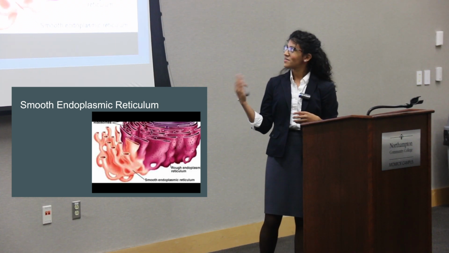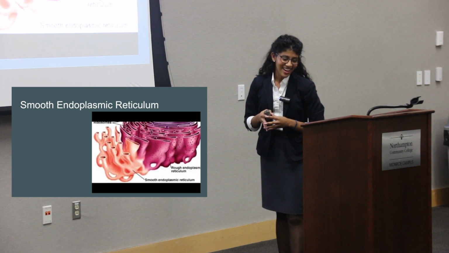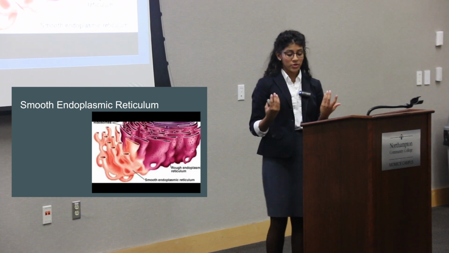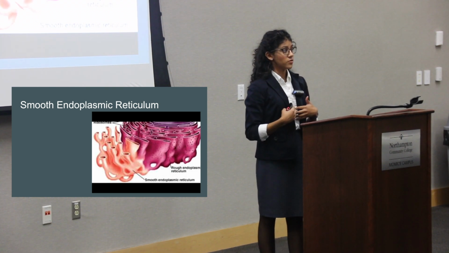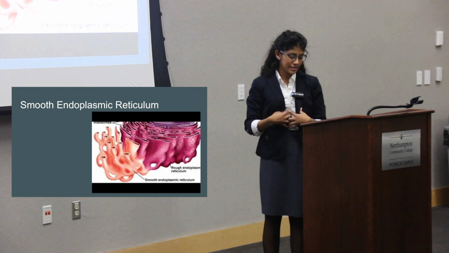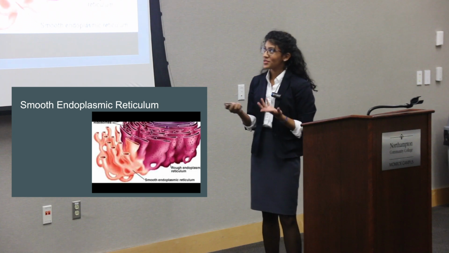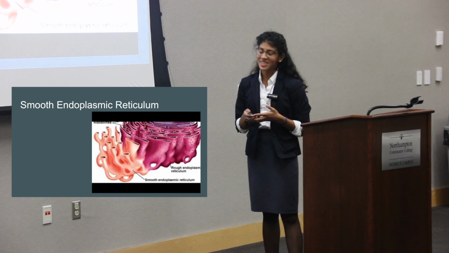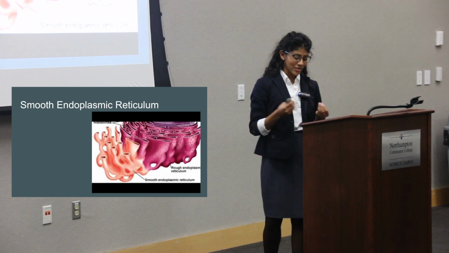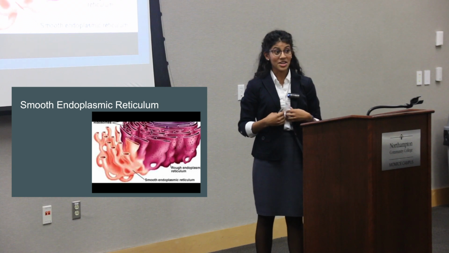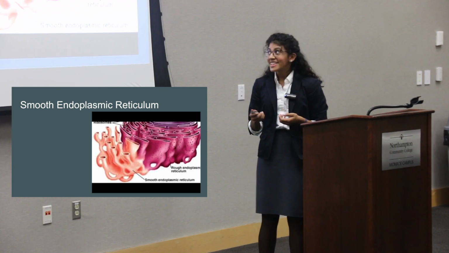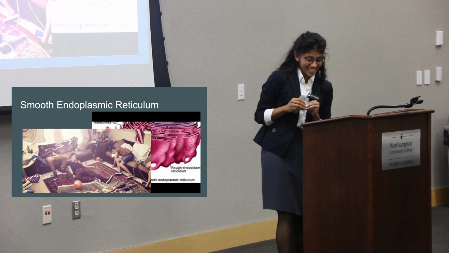So without this lovely organelle, certain fats wouldn't be able to be produced in your body, necessary for cushioning your vital organs and insulation. This is usually found in the cells of your liver, since it's responsible for detoxifying your body, especially on those crazy nights.